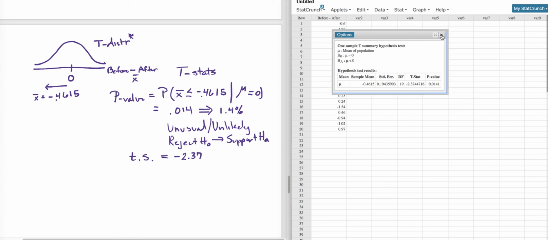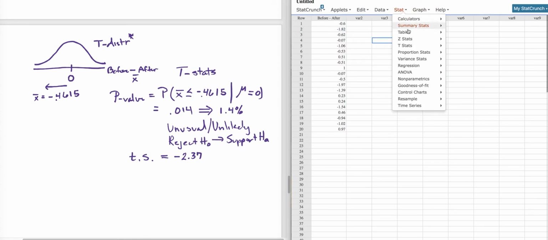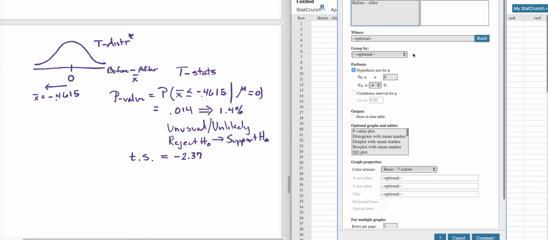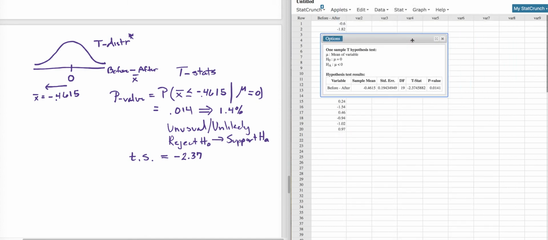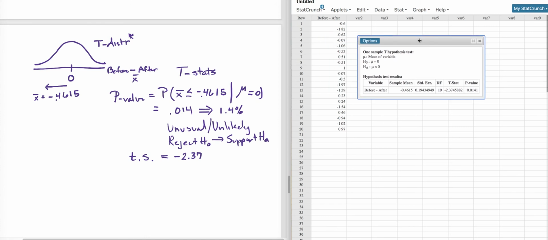Just to go back to StatCrunch for a minute, since we do have that data in our data table here, I could pick with data, pick my column, set up my hypothesis test, and click compute. As you can see, we get exactly the same results that we had before. So just different options. You can use whichever one you like.